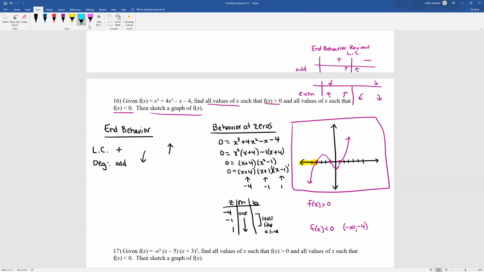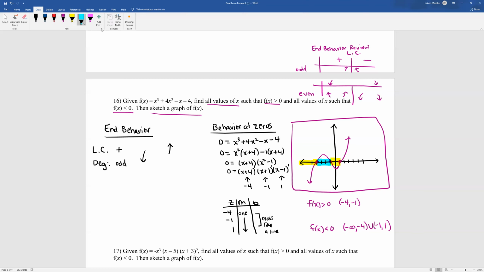And then from, and you don't have to have the highlighter part, this is just to help you visualize, from -4 to -1, all of those x values have a positive y output. So from -4 to -1. Then from -1 to 1, we're back to having negative y values again. So we union that.